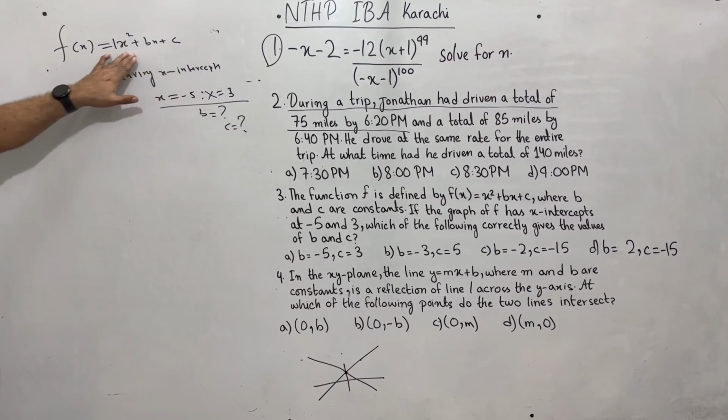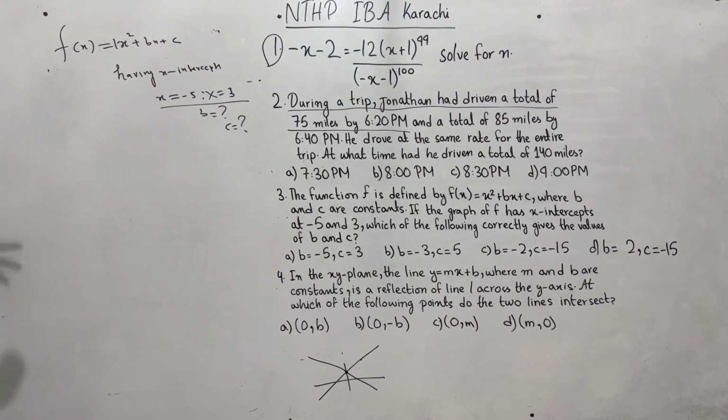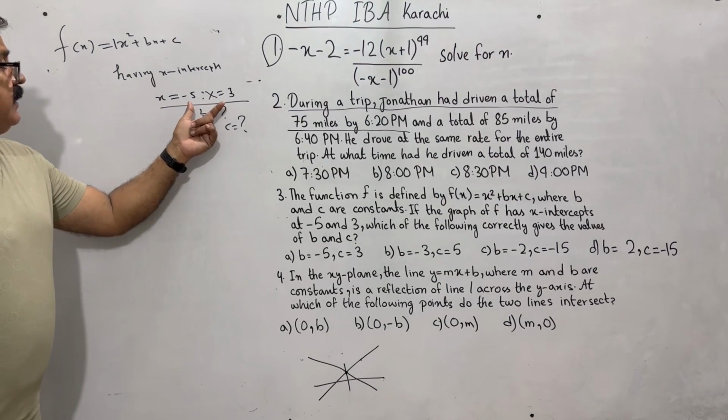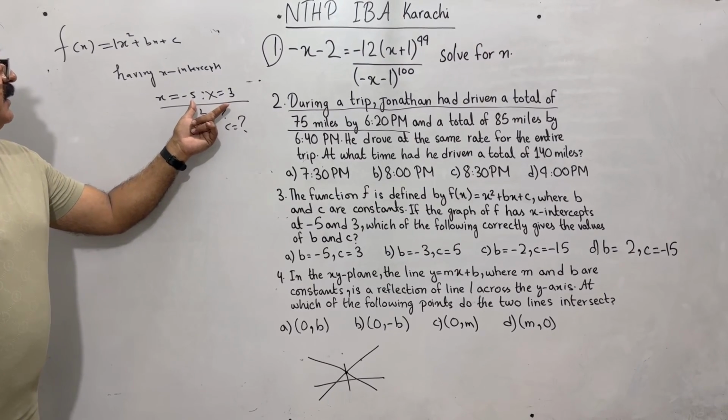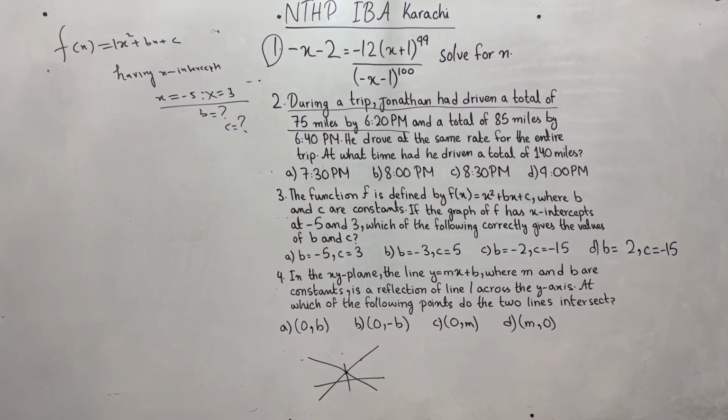Look at this. It is the other way around of solving. If we are given a quadratic equation whose roots are -5 and 3, find the required function or equation.